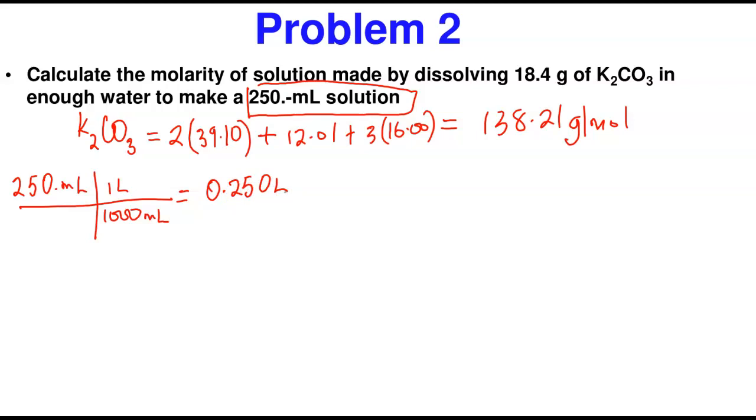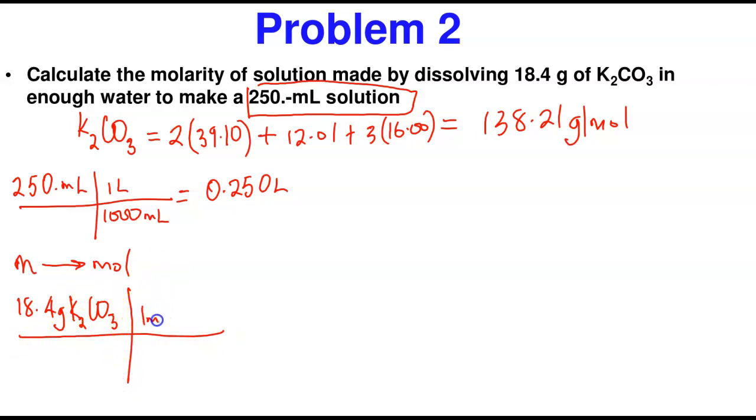But we're not done. We have the molar mass. We have to convert this mass to moles, and we're going to use the molar mass to do that. So let's start. The mass given to us is 18.4 grams of potassium carbonate.